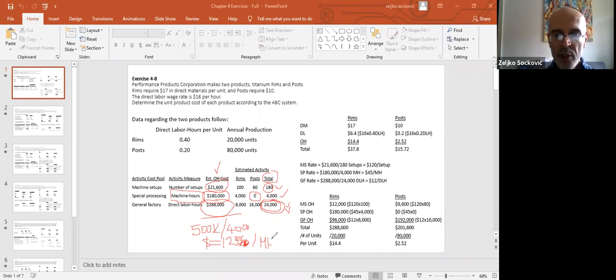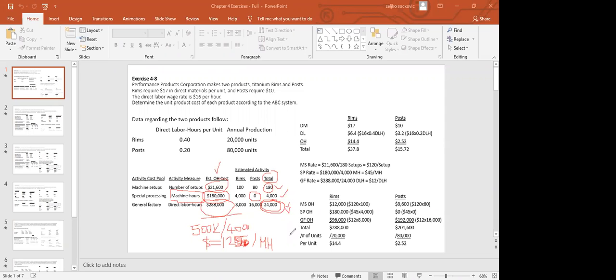This is chapter 2. Now, Tristan, we want to apply this POHR to our products, right? If we apply this POHR of 125 to our products, what will happen? It would be under applied, I guess, because we're only applying to rim machine hours.